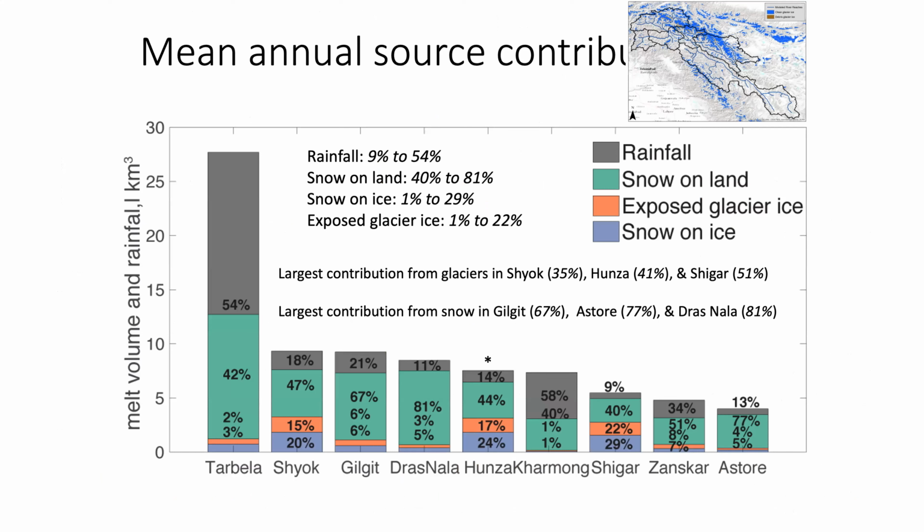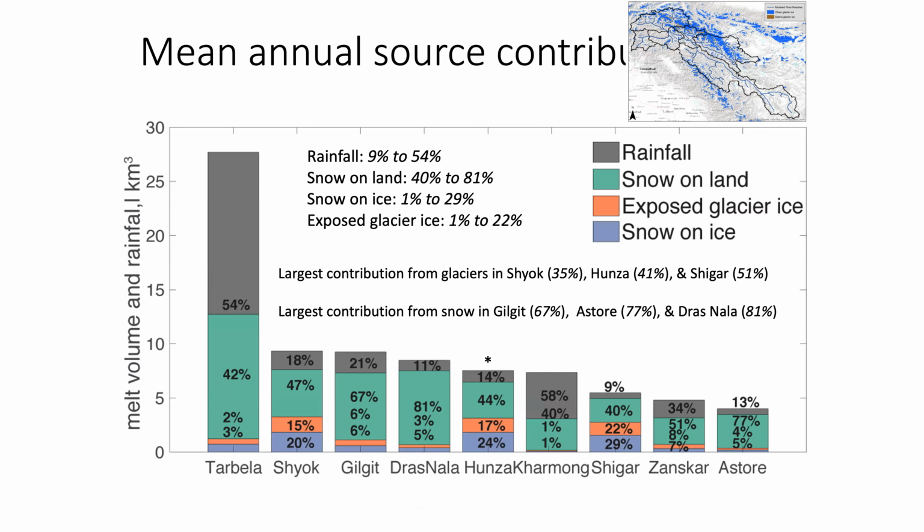Combining our surface partitioning with the energy balance estimates of melt, we can figure out how much of each subbasin's contributions come from snow on land, snow on ice, and exposed glacier ice. We haven't yet combined our debris cover glacier melt into this graph, but rainfall is from a separate product.